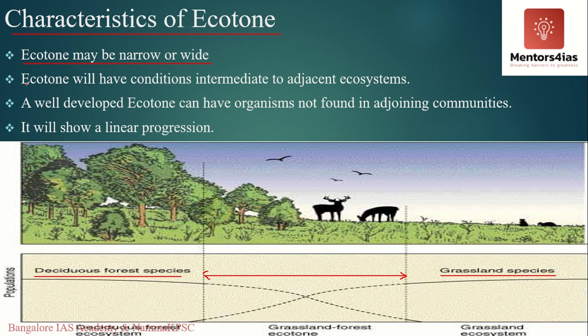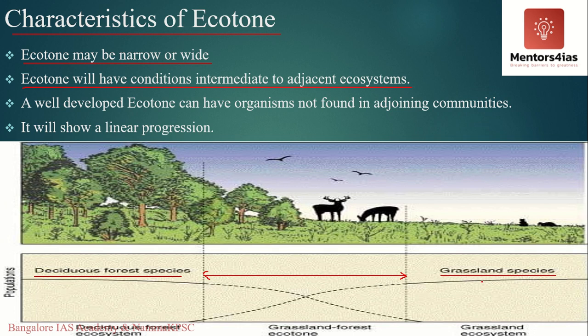The second point is, when you have an ecotone, this ecotone will also have conditions which are intermediate to the adjacent ecosystems. Meaning the conditions which are found in the ecotone will be very moderate. So if you have a deciduous forest over here, the deciduous forest may have heavy rainfall when compared to your grasslands, where you will have very scanty rainfall.